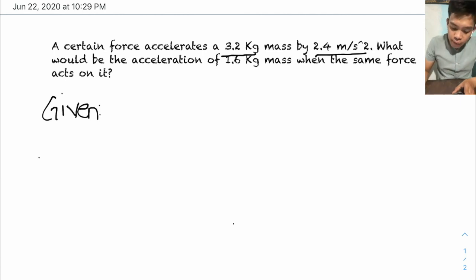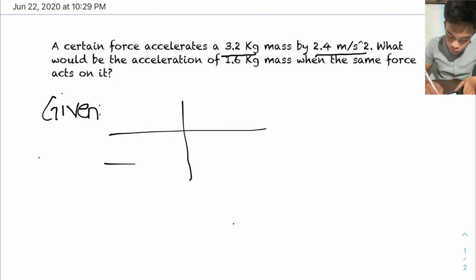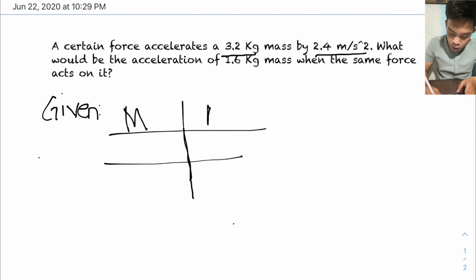So for our given, let me draw a row and column for our problem. So we have the mass of an object and we have the acceleration. The first given, the mass of an object, is 3.2 kilogram.